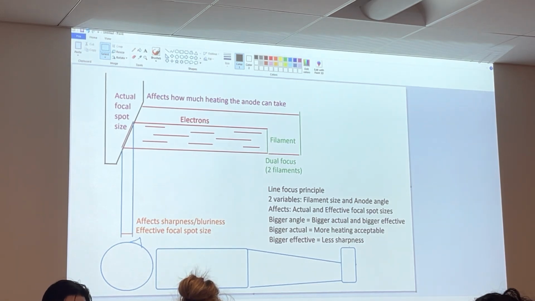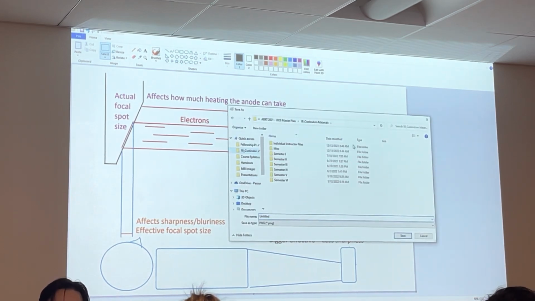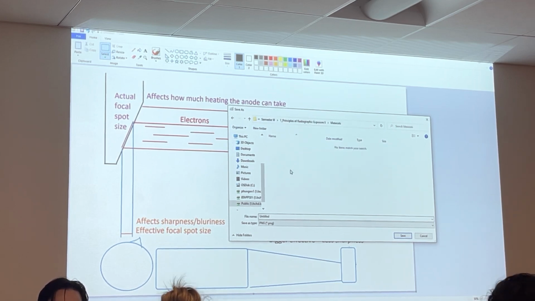Okay, good. So, in that case, let's talk about anode heel effect. So, let's save this. I like this picture. Feel pretty proud about it. And what is this called? Line focus. So this is the line focus principle.